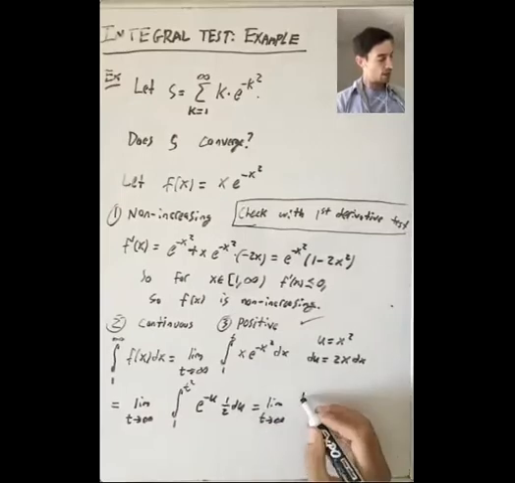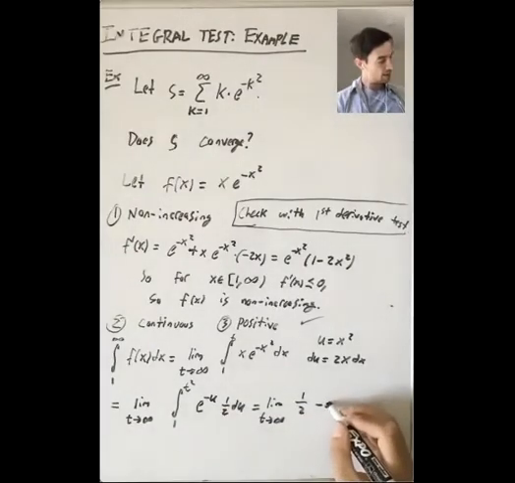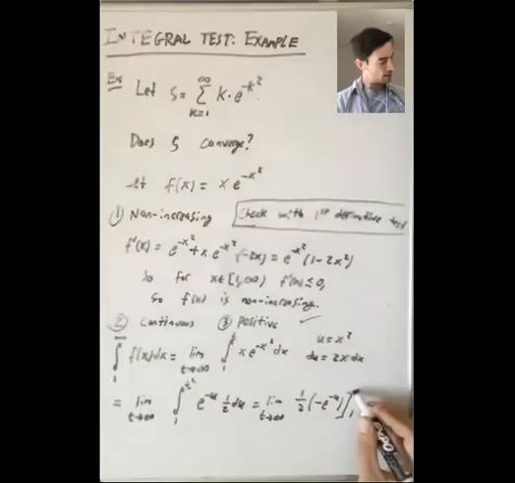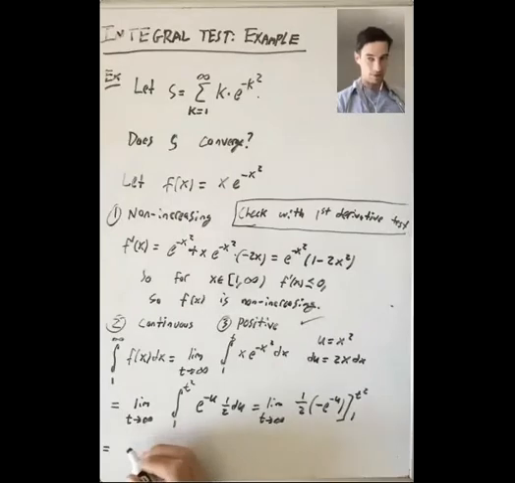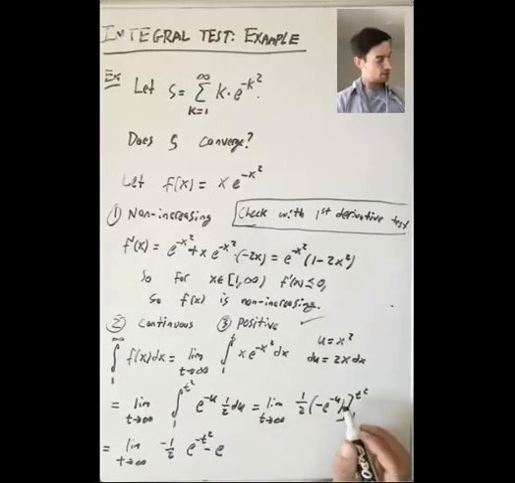We have this 1/2, which we can pull outside. And an antiderivative of e to the minus u is minus e to the minus u. Now we evaluate at 1 and at t squared. So what we get is a limit as t goes to infinity of minus 1/2 times e to the minus t squared minus e to the minus 1.